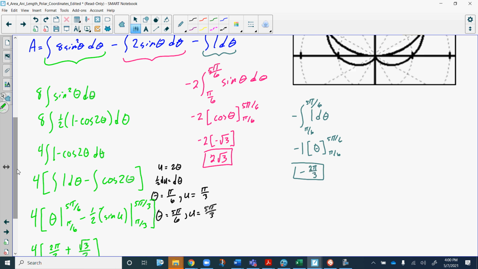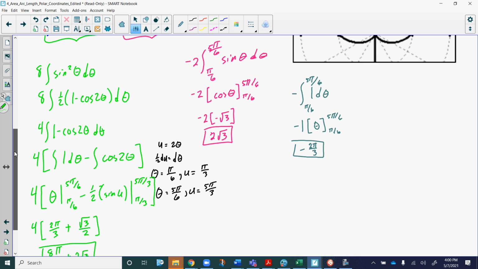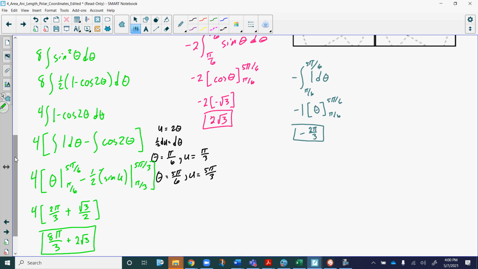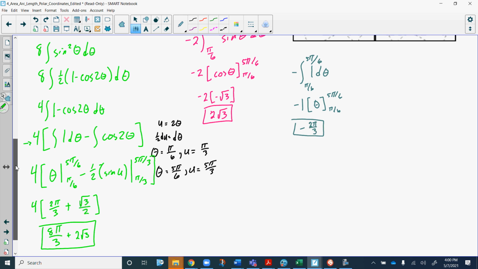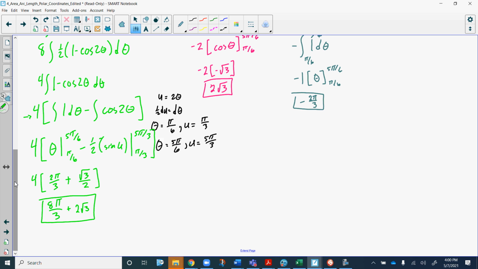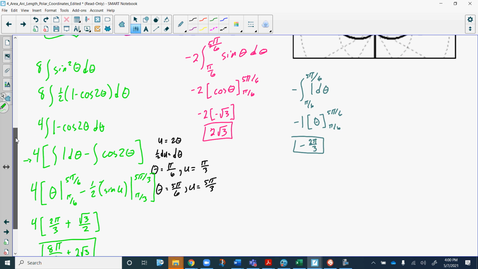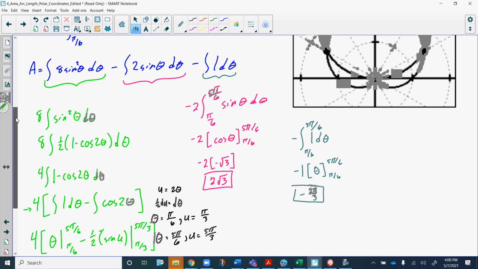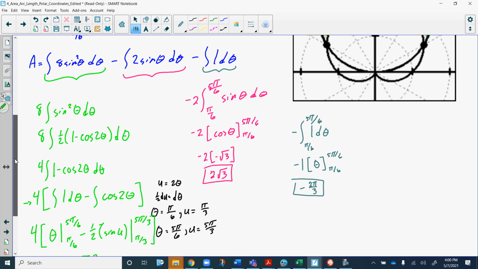We can take the definite integral of this one, and we're going to use the property of separating the integrals again at this point, and do u-substitution on cosine of 2 theta, but ultimately we wind up with an expression of 8 pi over 3 plus 2 radical 3. Now, the second and third pieces are much simpler to integrate. Here they are in pink and this grayish color. We get 2 radical 3 and a negative 2 pi over 3.